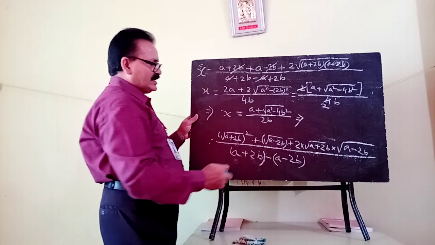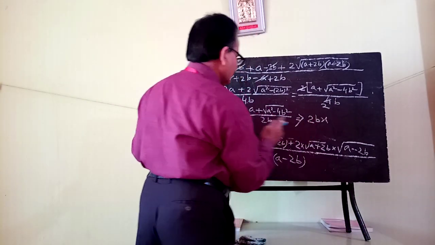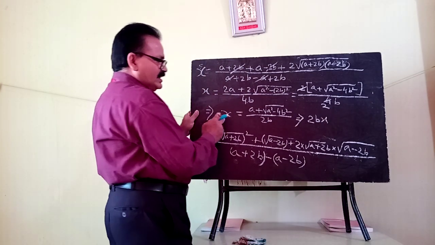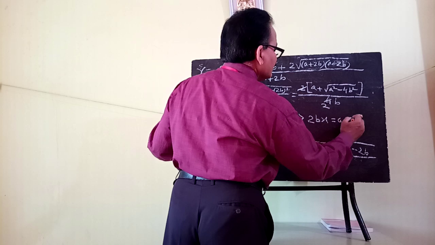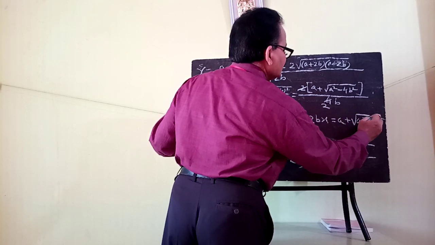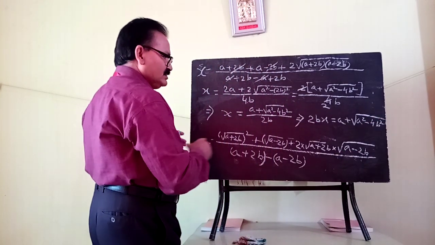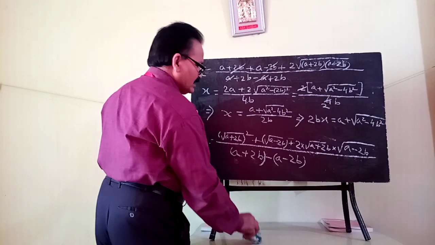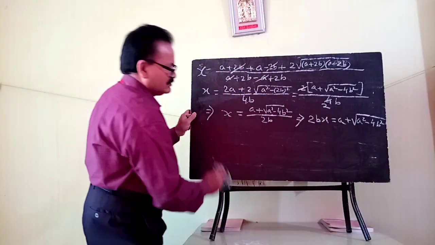While cross multiplying, you will have 2b multiplied with x, 2bx equal a plus under root of a square minus 4b square. Okay, you got it? Now I have to remove for getting the space.